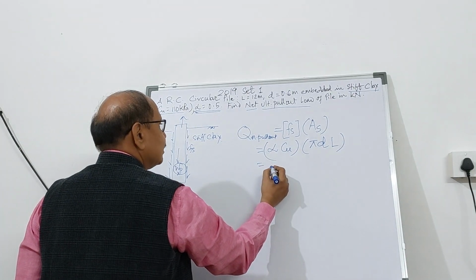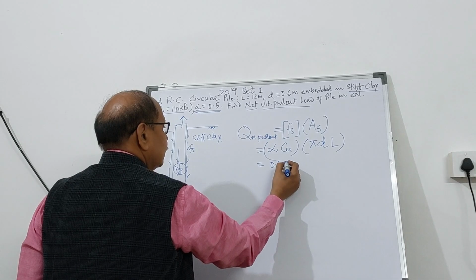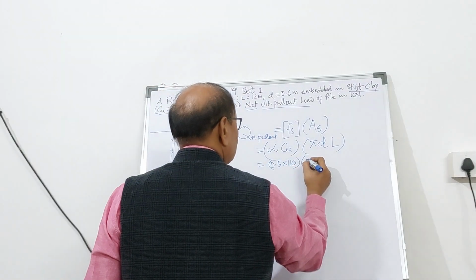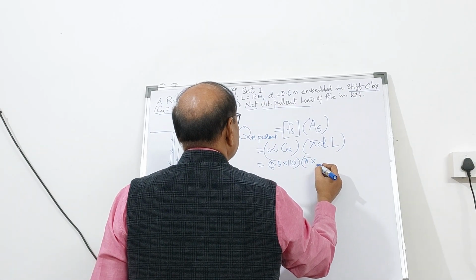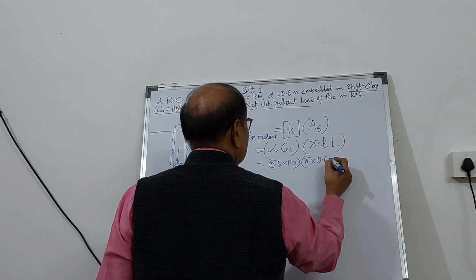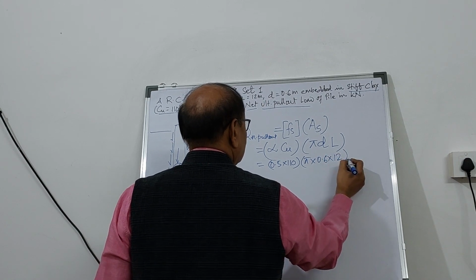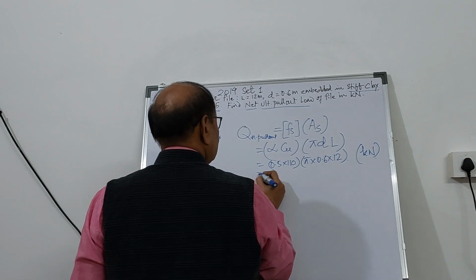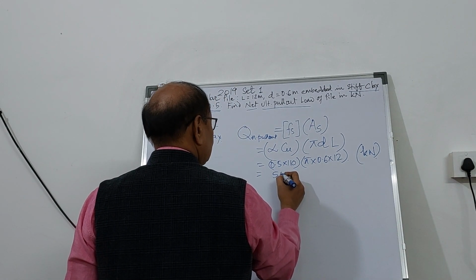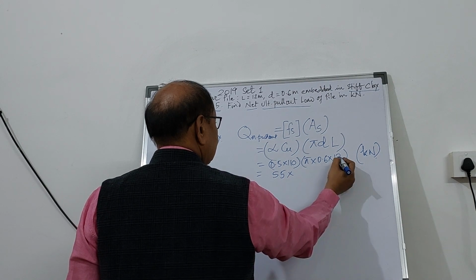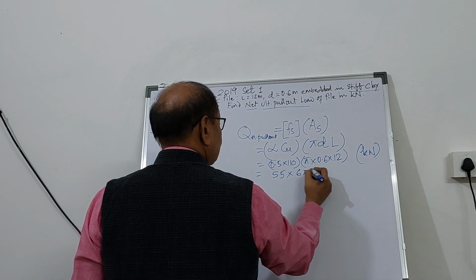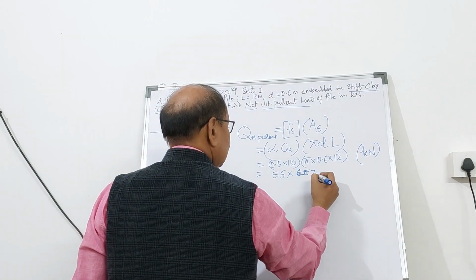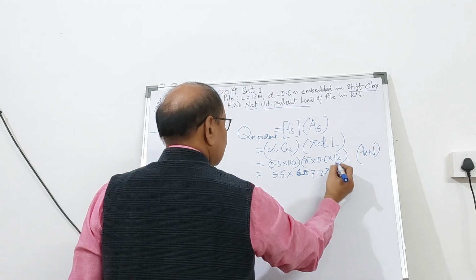So the simple calculation is 0.5 into 110 into pi. The diameter is given to us and length is also known to us. So much of kilonewton. So this becomes 55, this into 7.2 times pi.